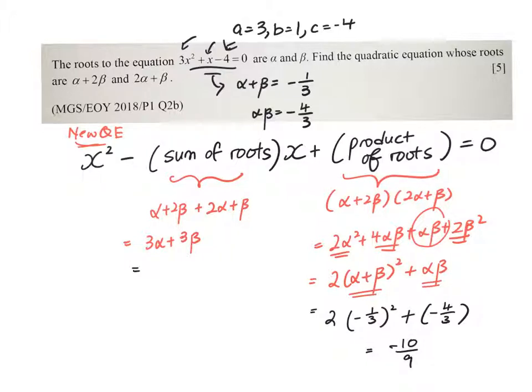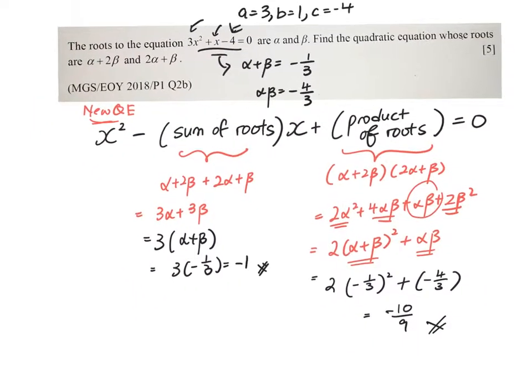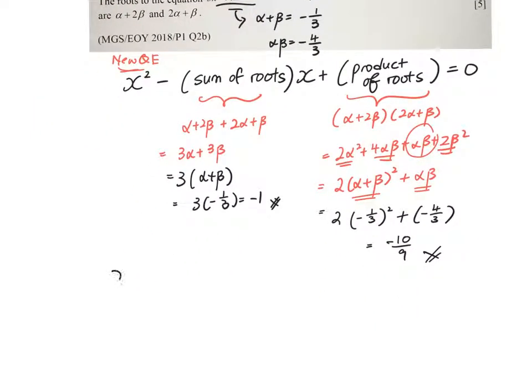And over on this side is 3 bracket alpha plus beta, which is 3 times negative 1 over 3, which is negative 1.